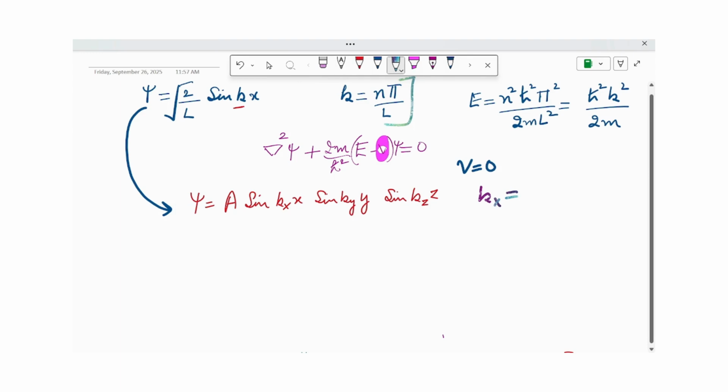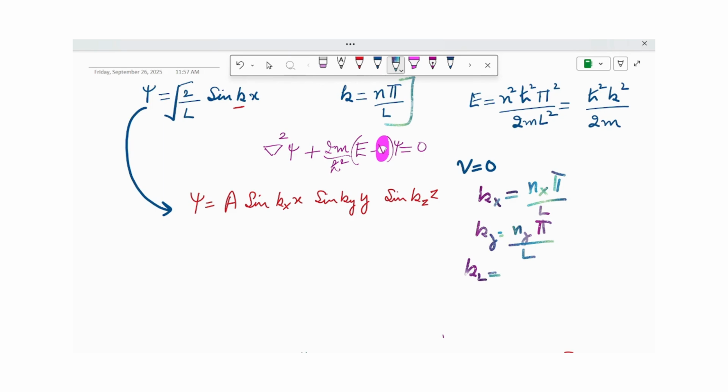Now kx will be nx pi over L, ky will be ny pi over L, and kz will be nz pi over L.